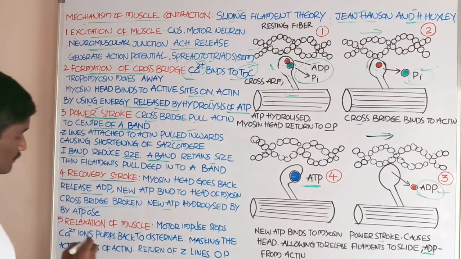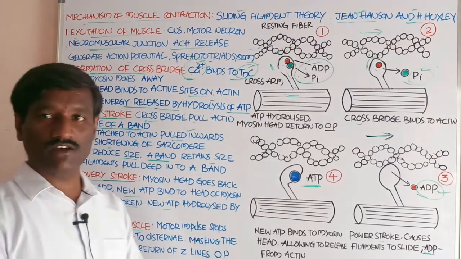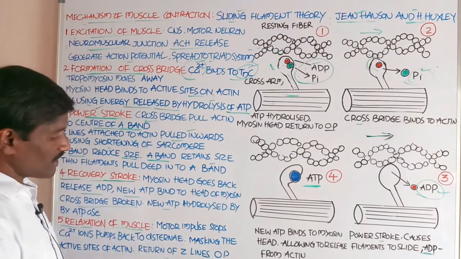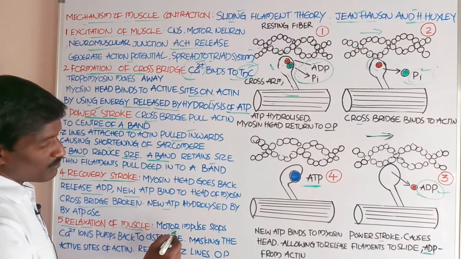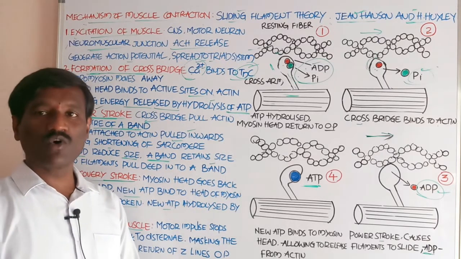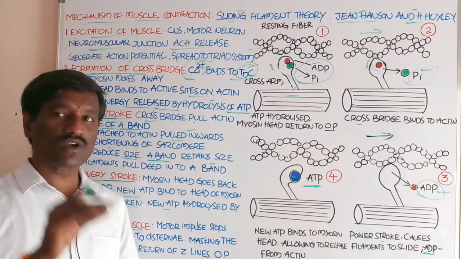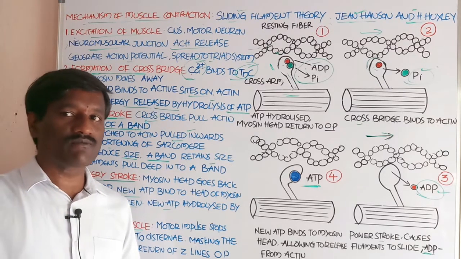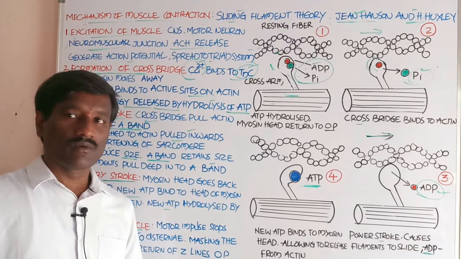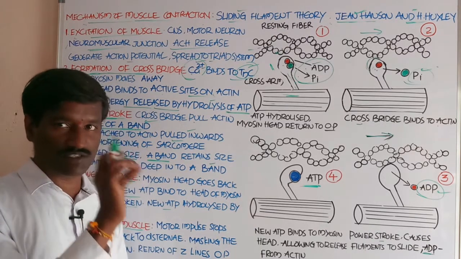Okay student, next, the fifth one, is relaxation of the muscle. What about the relaxation of the muscle? The motor impulse stops. The motor impulse no longer comes from the motor neuron to the neuromuscular junction.